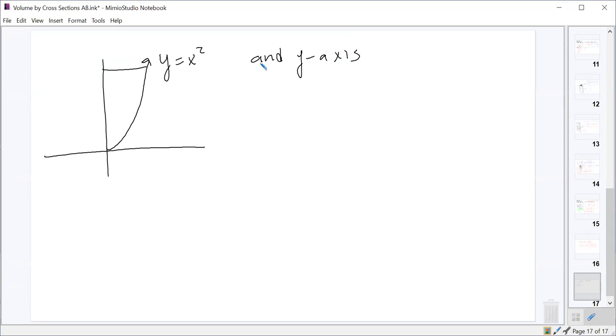So we're talking about this region and revolve it around the y-axis. So if I were to do that, I should end up with something that looks about like that.